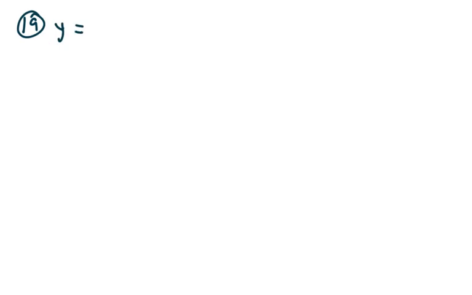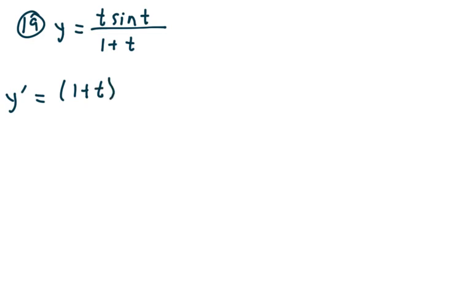Suppose y equals t times sine of t divided by 1 plus t. And I want y prime, so I want the derivative. So I'm going to apply the quotient rule, but within the quotient rule, I'm going to apply the product rule, as you'll see shortly. So I'm going to write down the bottom function, which is 1 plus t.